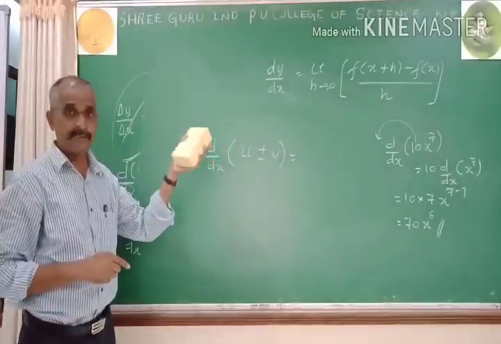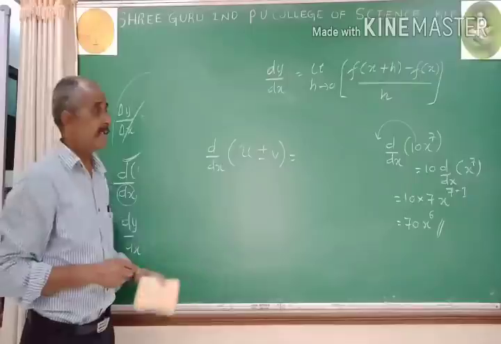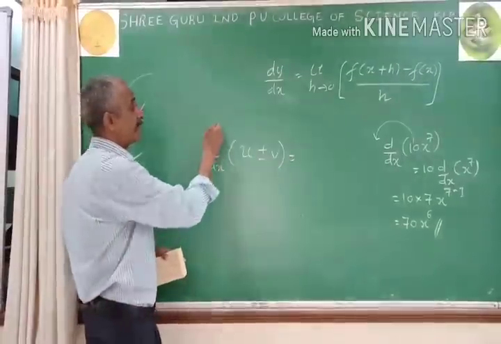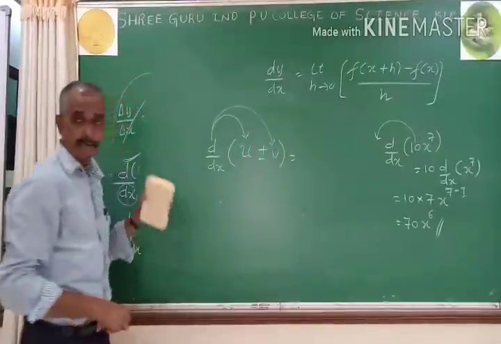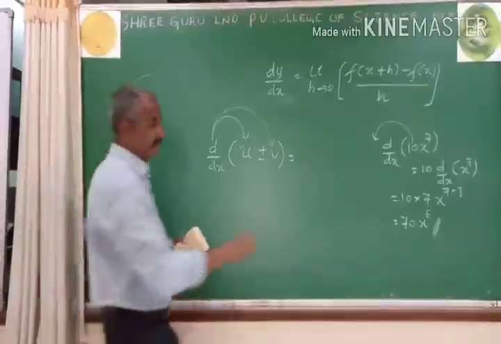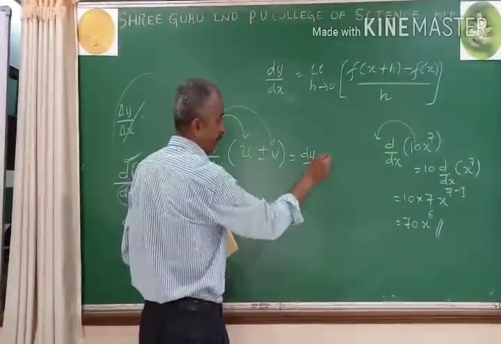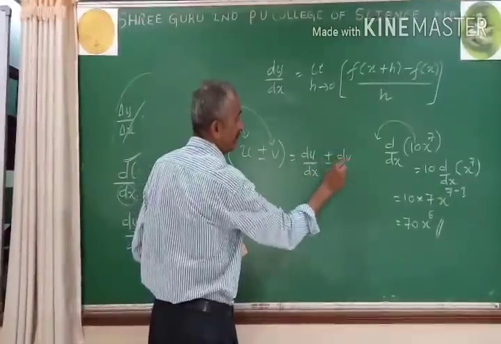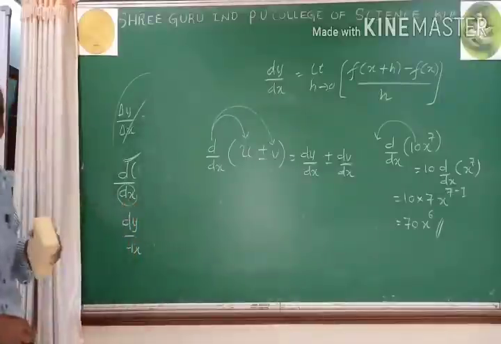They may be algebraic function, trigonometric function, logarithm function, etc. Now this rule says that we can differentiate u function, we can differentiate v function adopting the sign whichever existing, plus or minus. That is du by dx plus or minus dv by dx. This is called by the name sum rule of differentiation.